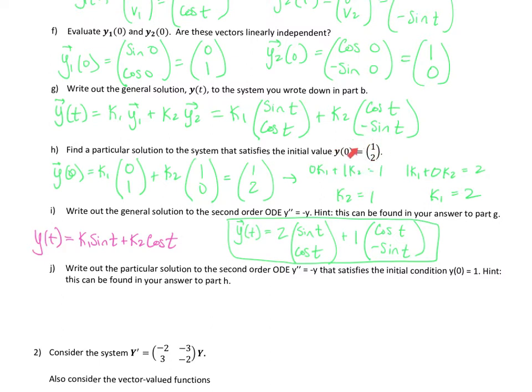So this initial condition I solved down here, but the first entry is y and the second entry is v. So I don't have to actually do any work to get this. I can just write y of t is 2 sine t plus 1 cosine t.